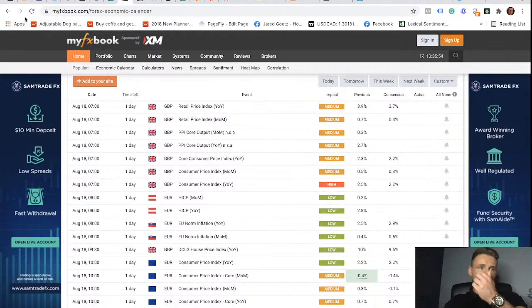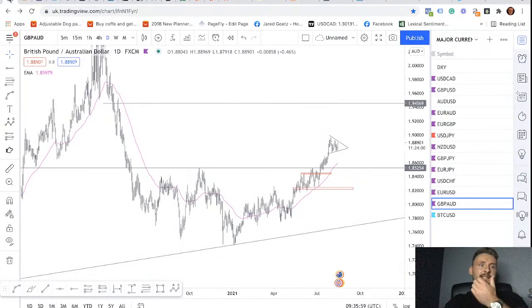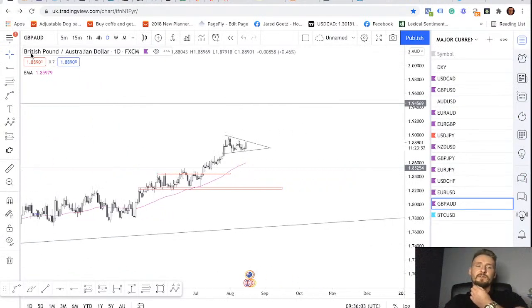So we know that if we do get in any of these positions, especially on weeks that are this packed with news, we want to be making sure that we are not in any of these trades that we don't really need to be, or we don't want to be in multiple of them. Because say for example I took GBP USD and Aussie USD, a lot of high impact news for both of those.